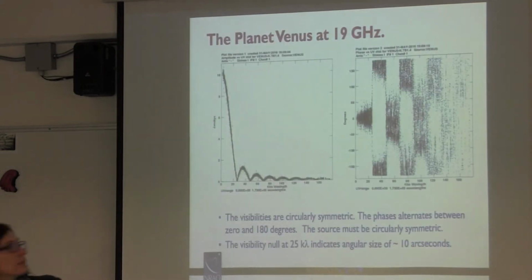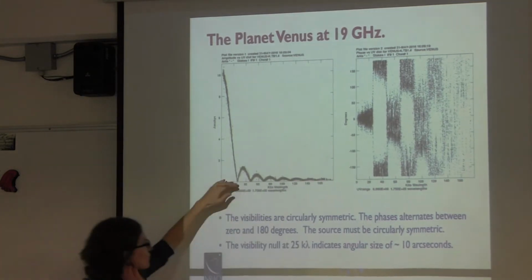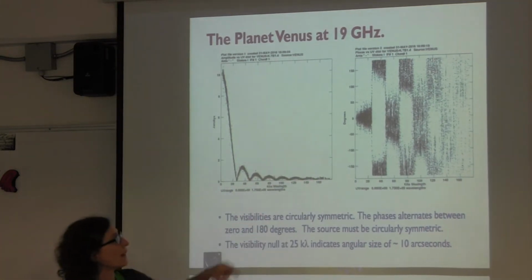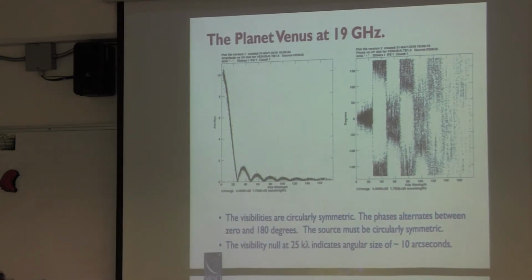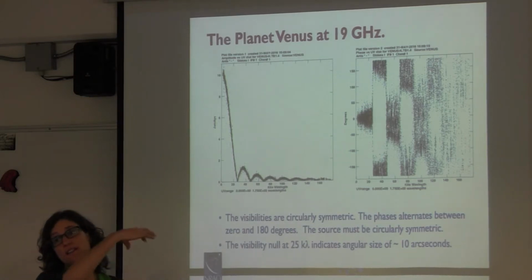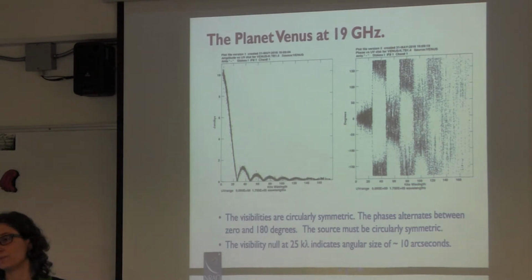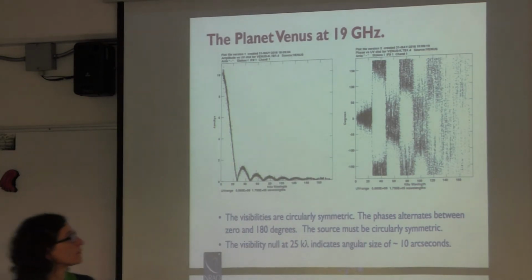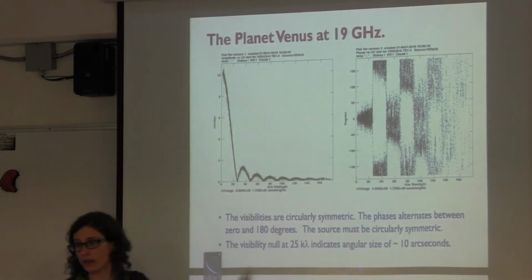So you have a first Gaussian, and then some residuals here, and then the phases that are there. It tells you that the source is kind of circular. It has a circular symmetry. So this is only the right side of the Gaussian. These are the phases, and this is the amplitude.